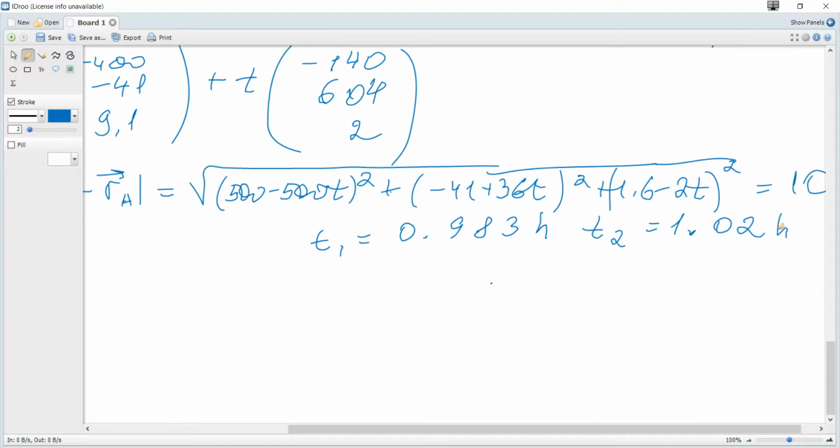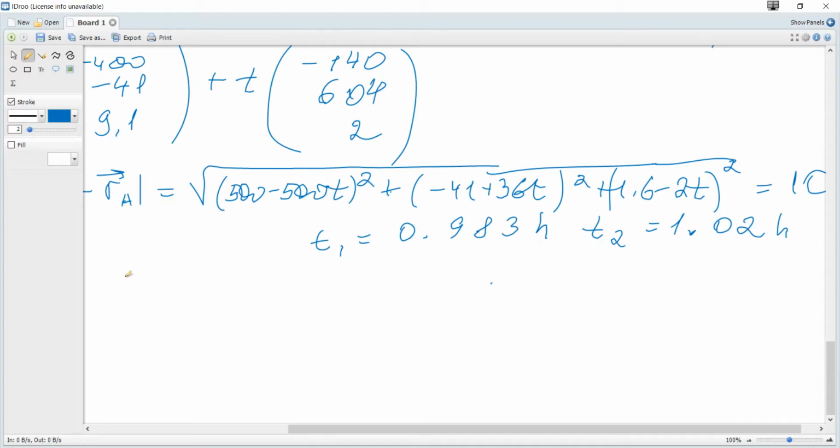5 marks done. It is given that the distance between A and C is less than 10 kilometers only between these two values of t. And we can see directly from a calculator that between these two values the function is negative, so the distance between two aircraft is less than 10 kilometers.